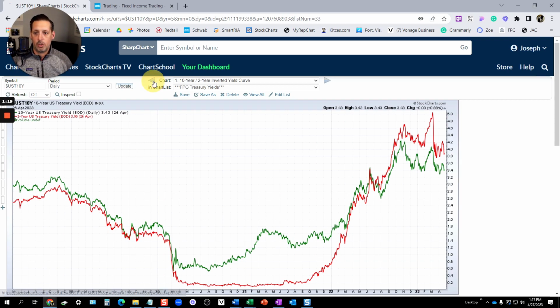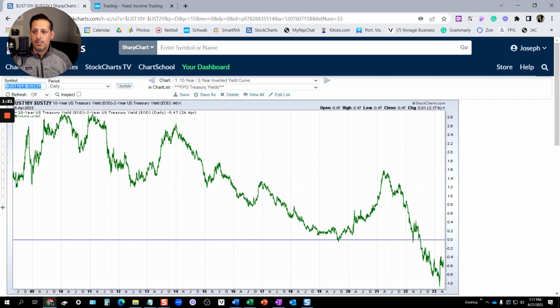If we look at this chart right here, this is comparing the 10 and 2-year treasury notes to see when the curve has gone inverted in the past. You can see this is a 5-year chart, and only 2 other times besides where we are right now have we been inverted, with almost about a 0.5% difference between what a 2-year and 10-year is paying.